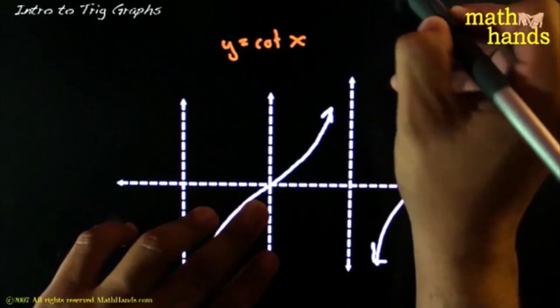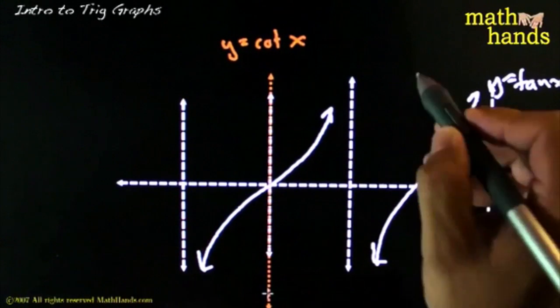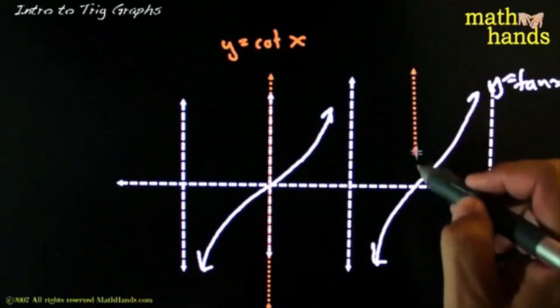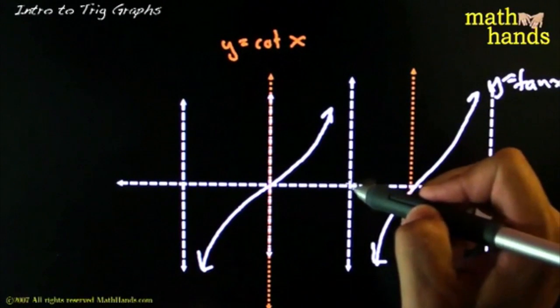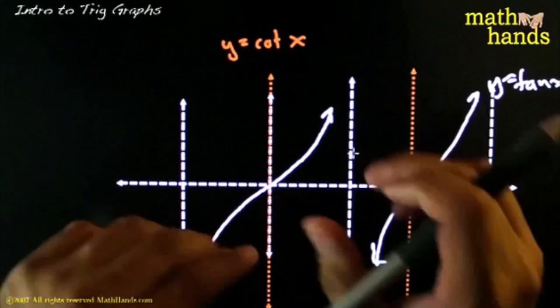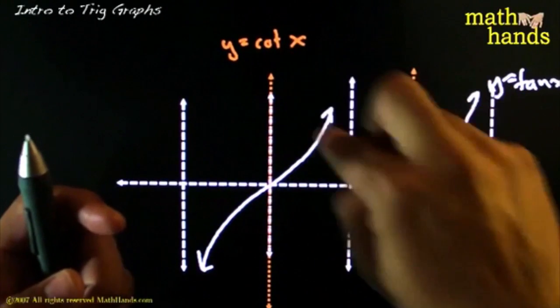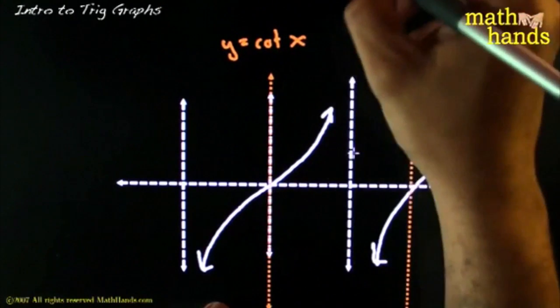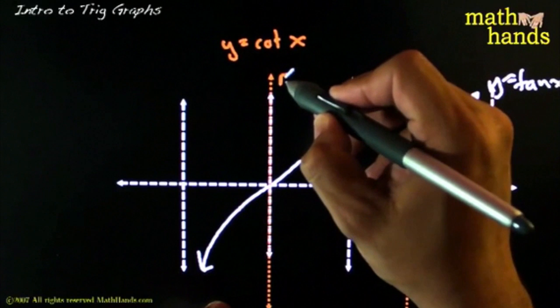Every one of these zeros becomes an asymptote for the cotangent. And the asymptotes for the tangent become zeros. So in other words, you've got to flip this. So this points this way now. If you flip it, it'll now go this way.